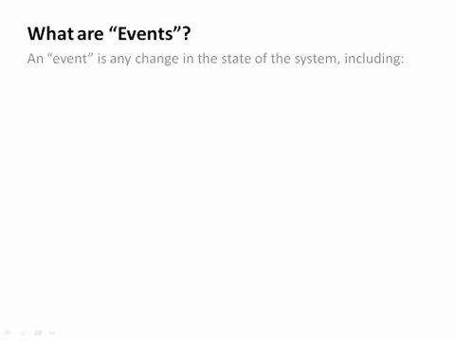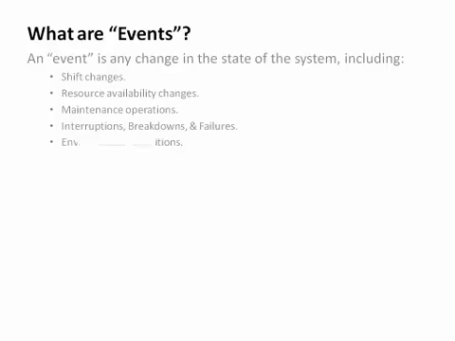The classics, the interruptions, the breakdowns, and the failures, and even things like environmental conditions. We have operations that we model that depend on being at a critical temperature. They can't happen if the room gets too warm or if the room gets too cold. So we have to model environmental conditions as well.